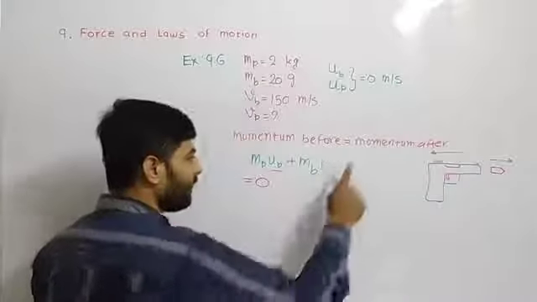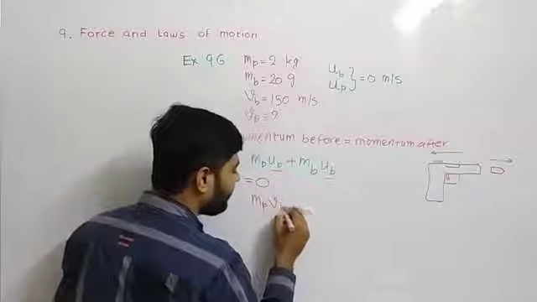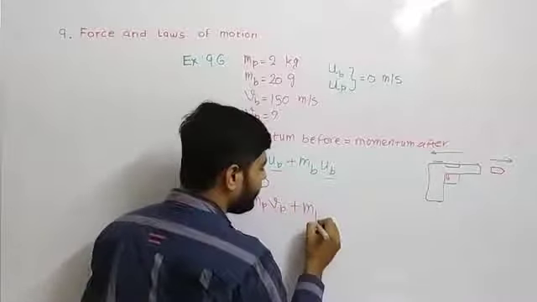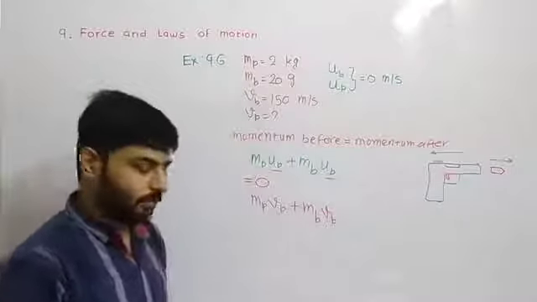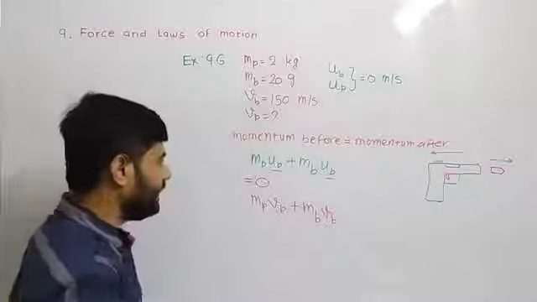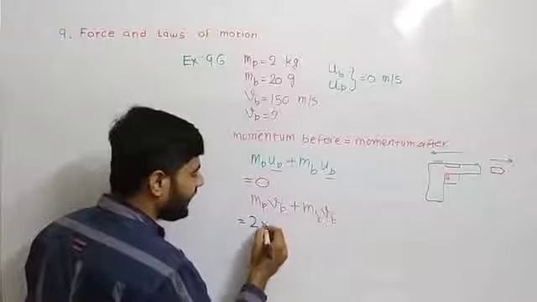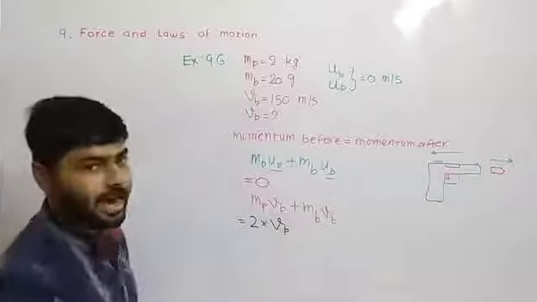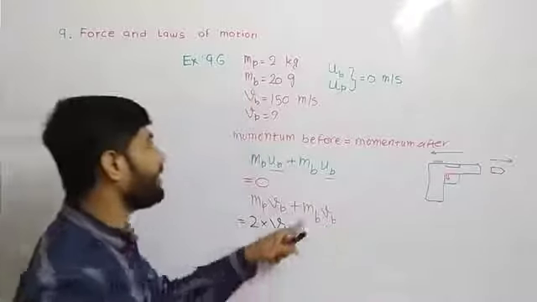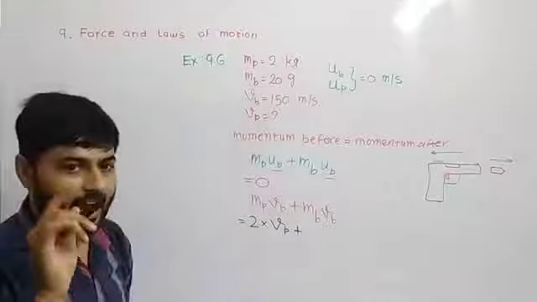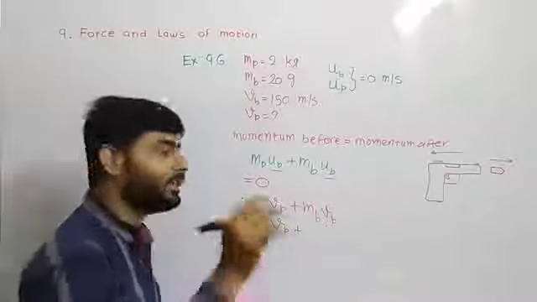Now what is the momentum after firing? That is MP VP plus MB VB. Now put the values here. MP, the mass of pistol, is 2 kg, into VP. VP I have to find, plus MB. MB is 20 gram, but I have to convert this gram into the SI unit, kilogram.